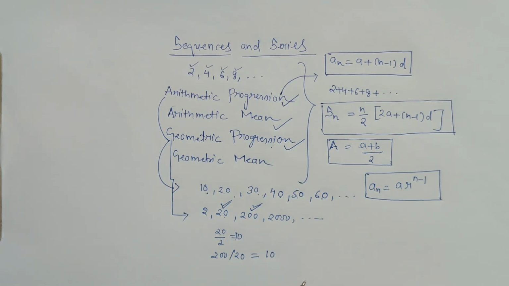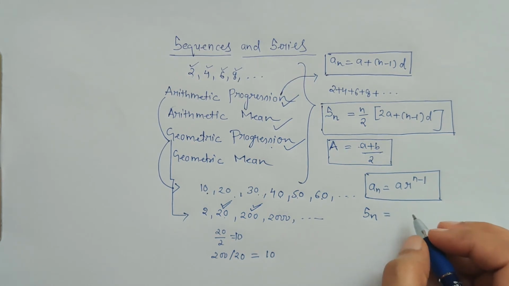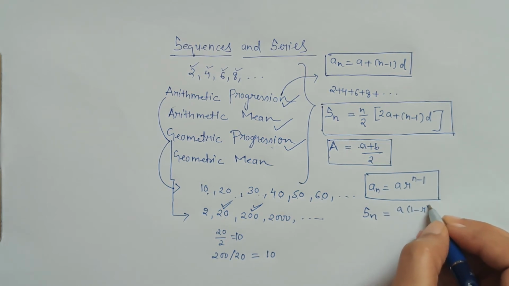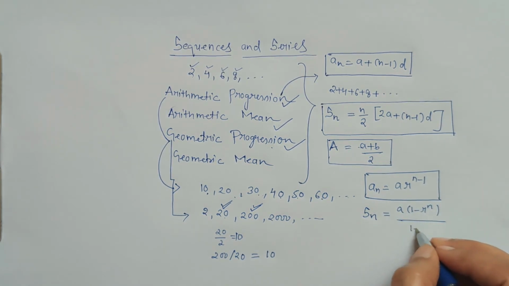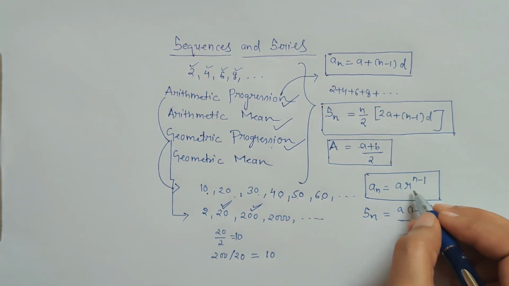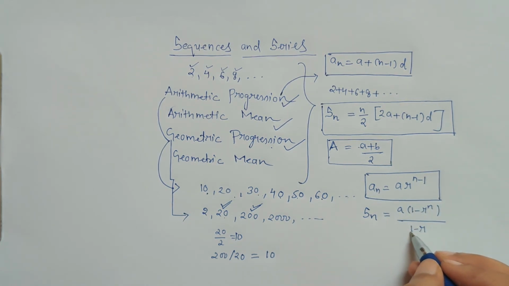For finding the sum up to n terms, the formula is a times 1 minus r to the power n upon 1 minus r. Here r stands for the common ratio, and here r is less than 1. That's why we have written 1 minus r. Otherwise, it will be a times r to the power n minus 1 upon r minus 1.